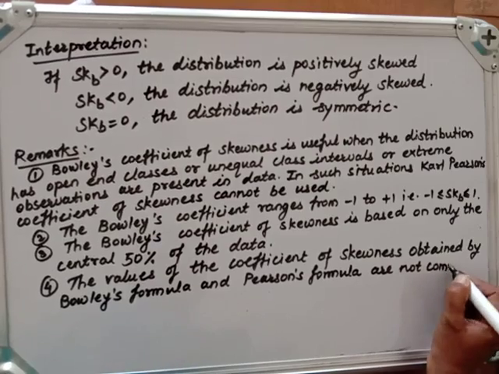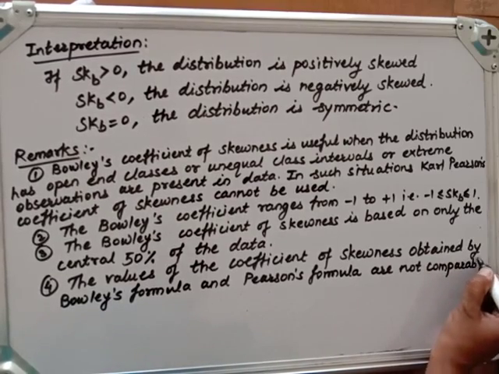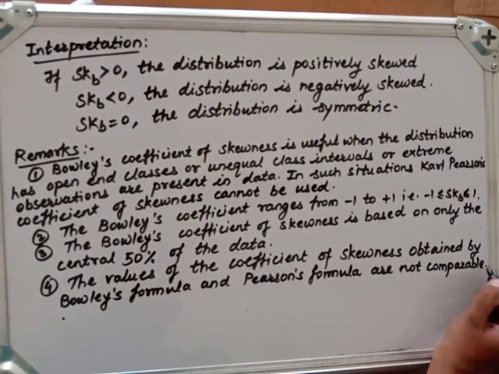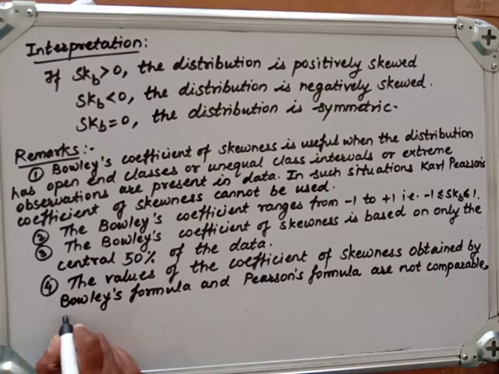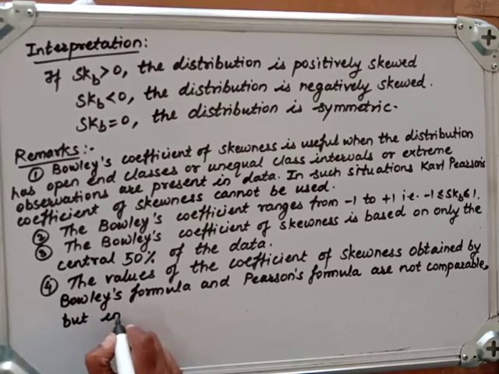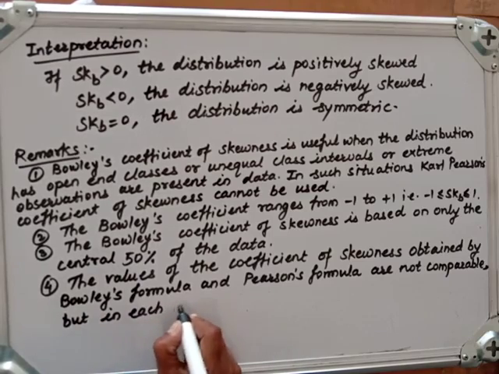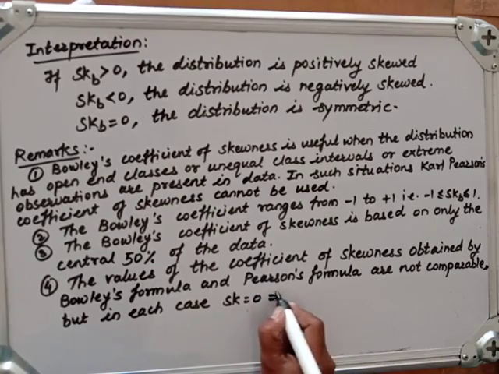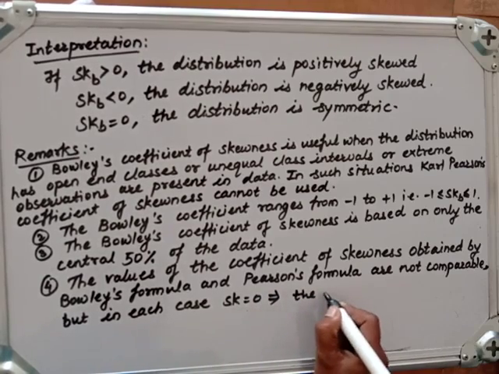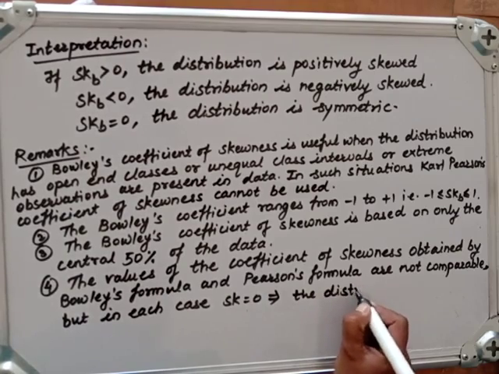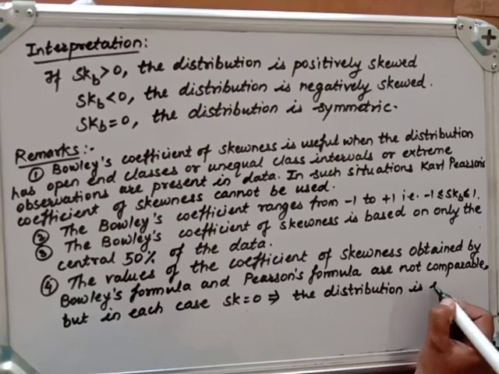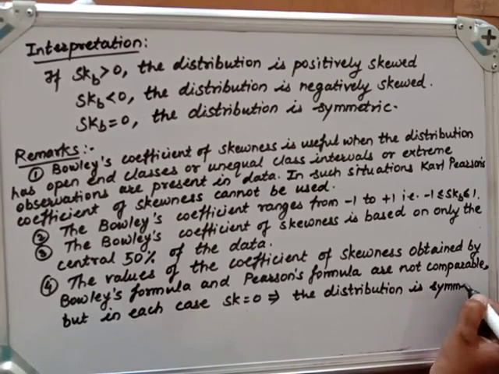We cannot compare those because both of them are different. But in each case, when skewness is 0, that implies the distribution is symmetric. This is the part there only.